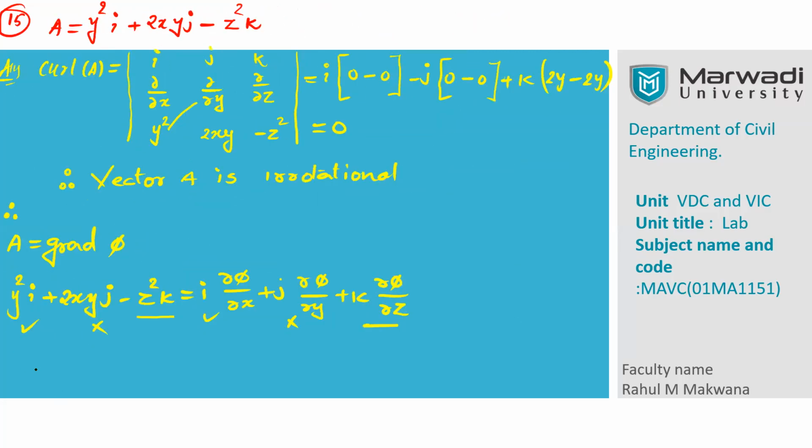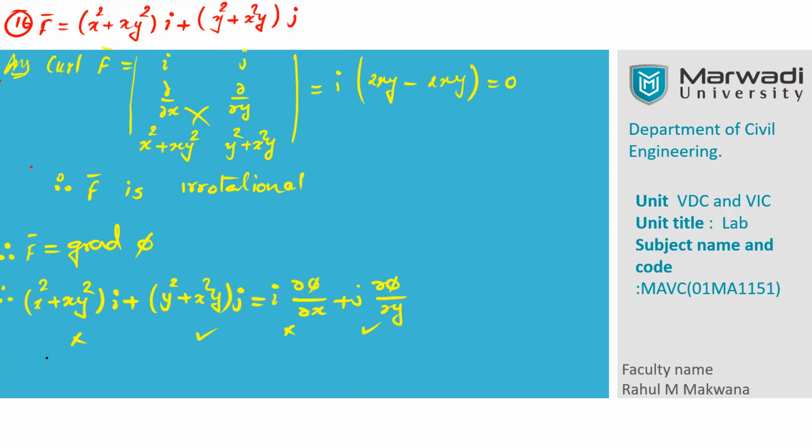Okay. So here we have del phi by del x is y square. Del phi by del y, coefficient of j, is 2xy. Del phi by del z is minus z square. So here del phi by del x is x square plus xy square.